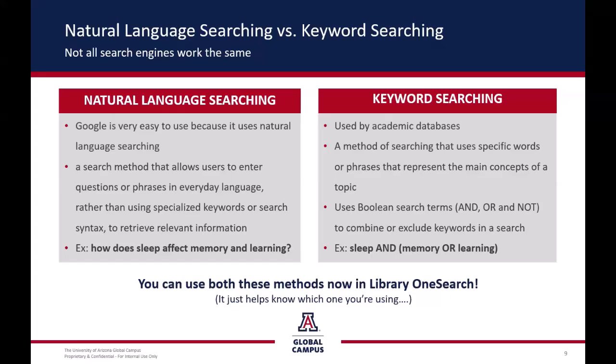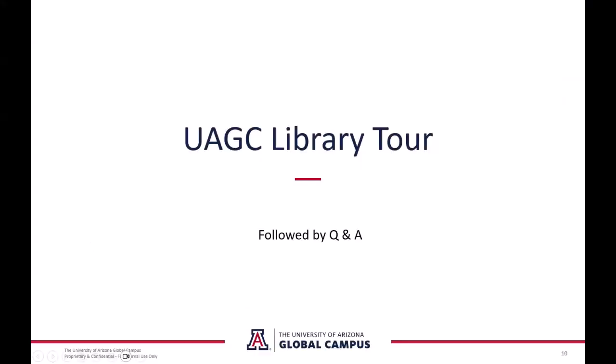We have the default set to natural language searching because it can be very helpful in most situations, but it can also interfere with your results, especially when you're looking for a specific title, for example. So for that reason, the first thing I'm going to show you in the library is how to switch from natural language searching, which is the default, to keyword searching. It's quick and easy. And with that, let's get started on our library tour.